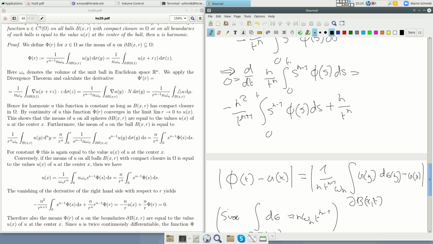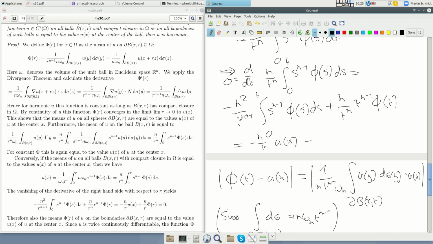And now, by the fundamental theorem of calculus, if we take here the derivative, we should set s equal to r. So we get r to the n minus 1 phi of r. So we have these two terms. This term here differs from this term here by this whole integral only by a minus n over r, and the rest we know already is u of x.